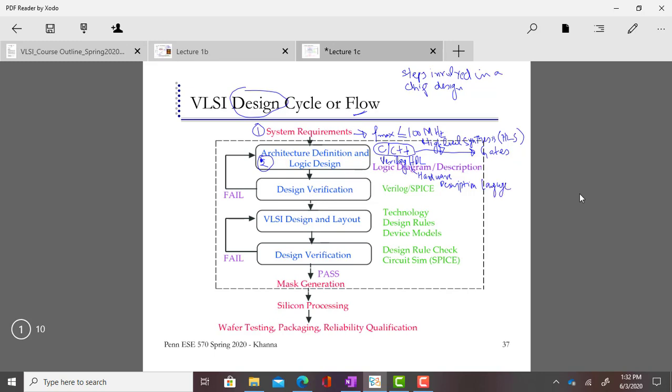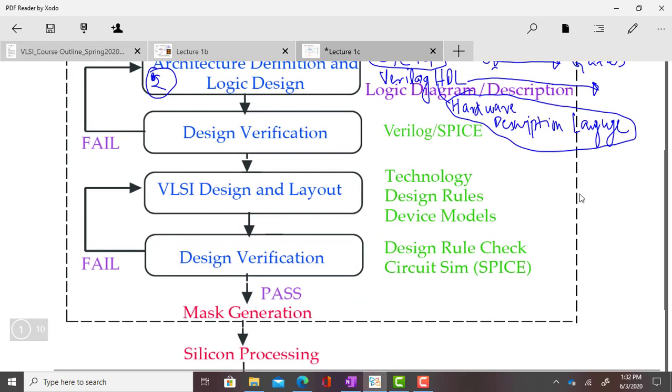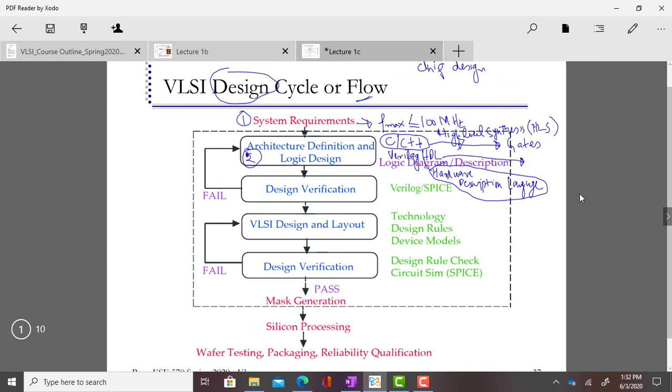So we describe our design in HDL, and then from HDL there are software tools, which are called, for example, synthesizers. Synthesizer is one of those tools. This can give you gates.